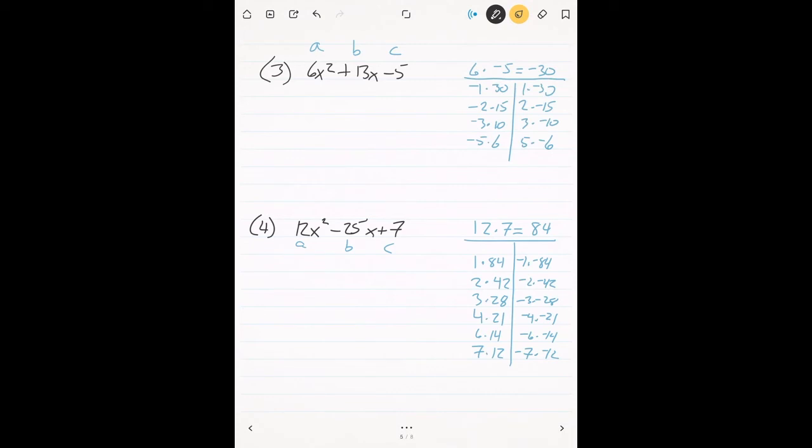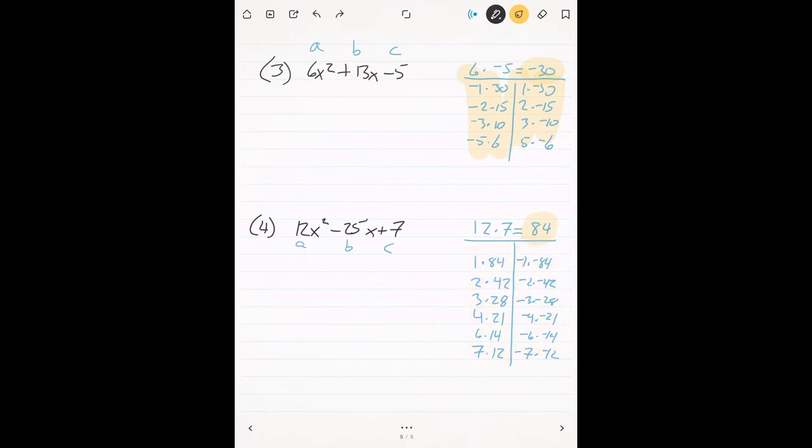Well, first up, I'd like us to check to make sure that we have the correct factors listed down for the AC method. Make sure you're identifying what A, B, and C are, and make sure that for each problem you figured out what A times C is, and you've listed all of the factors for that particular value.